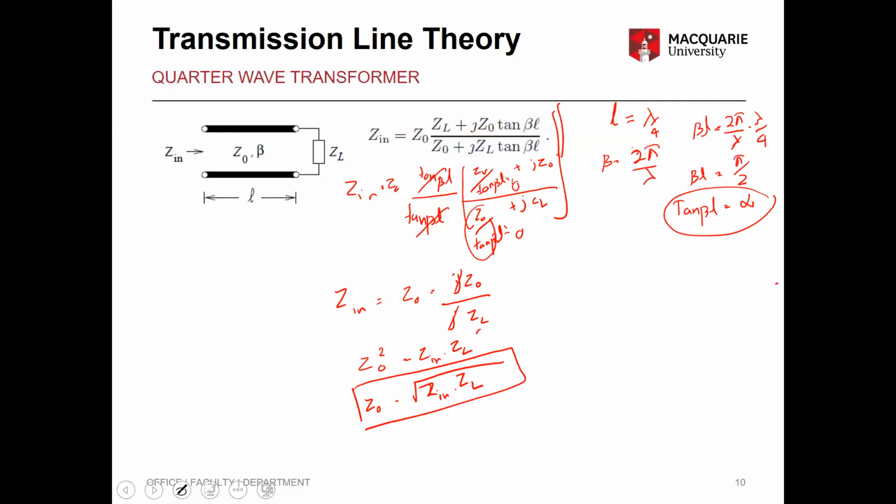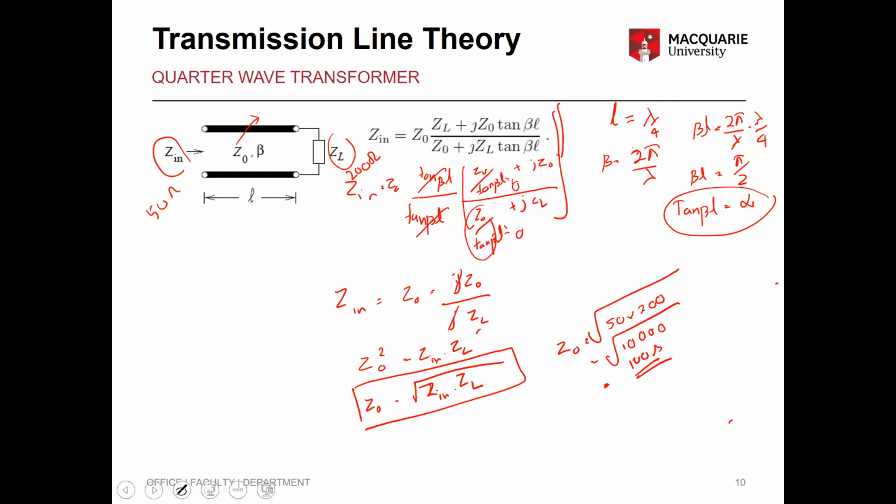Now this is important to understand the meaning of this equation, because this tells you the impedance of this line. If you know the load impedance, for example, this is 50 ohm and this 200 ohms, I can calculate my Z naught as the square root of 50 times 200. You get the square root of that value, 100 ohms, right?